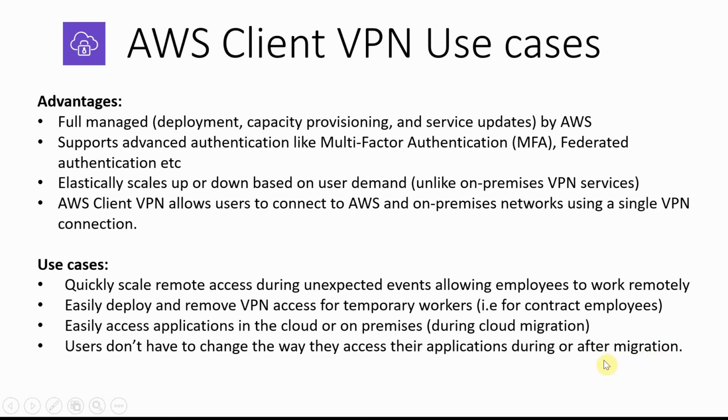With VPN, it is an extended network, so you can follow all the practices you're following on-premise. You don't need to reinvent or go to some new processes; you can just follow the process you're already following because it's an extended network for you. The way you connect to VPN and the way you access your EC2 will remain the same. So it will not be a big change for your end users, the employees. That's where VPN plays a very common use case.